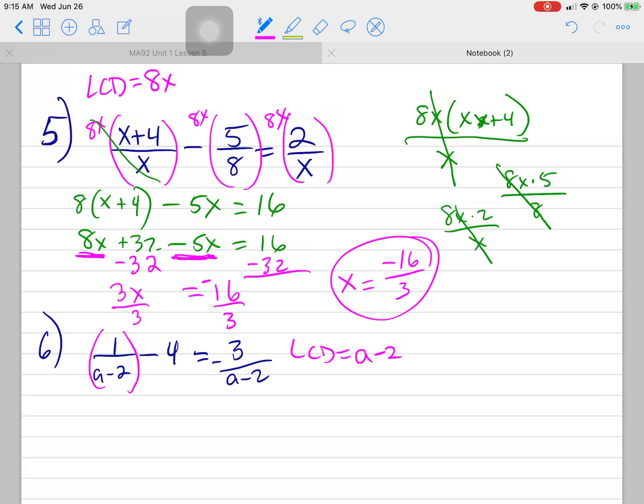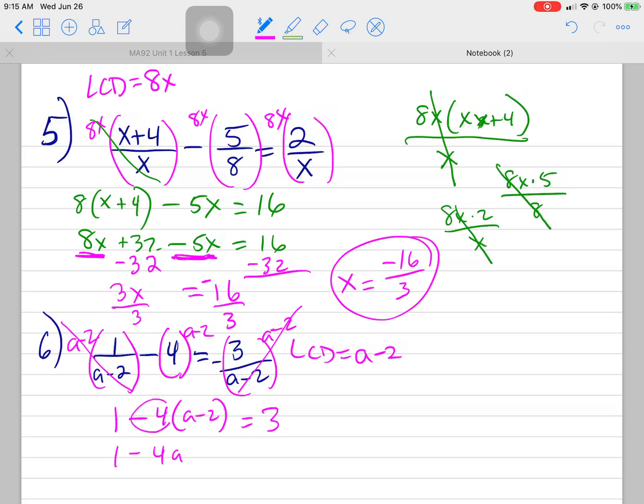So that's going to be this times a minus 2, this times a minus 2, and this times a minus 2. All right, so that way the a minus 2 crosses out. That doesn't leave you 0. Make sure you keep the 1, okay? And this is going to be 4 times a minus 2. And this one is going to cross out, so you're left with the 3. So 1 minus 4a. Let's distribute all of this.